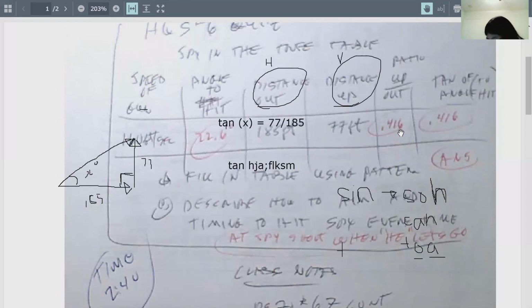That's how you would get rid of it. Since you applied inverse tangent to the tangent x side, you have to apply it to the other side to make it equal. That would be inverse tangent applied to 77 over 185. Sorry, you can't see it. Since inverse tangent and tangent cancel out, you would be left with x equals the inverse tangent of 77 over 185. At this point, it's purely calculator. Rounded it would be 22.6.